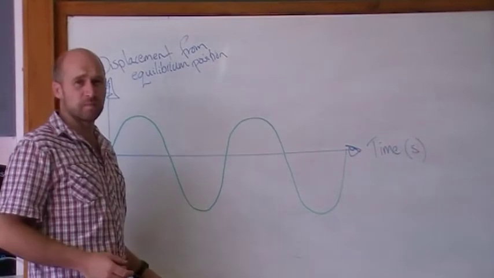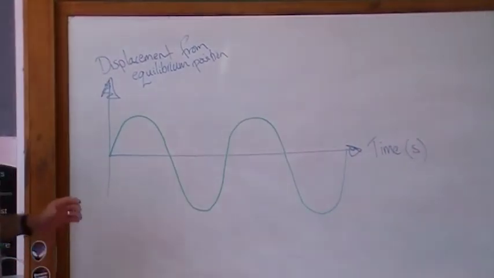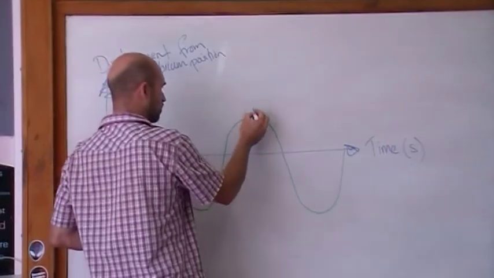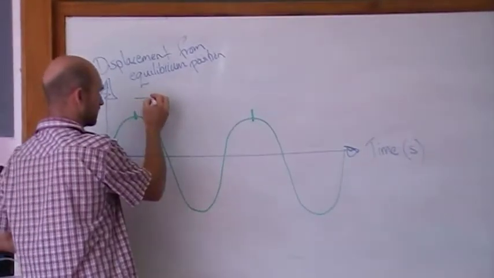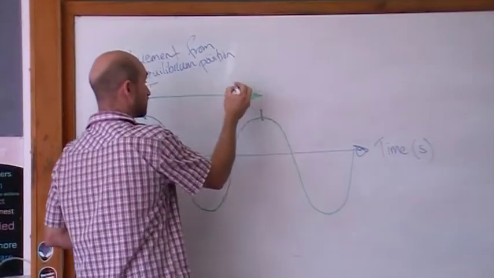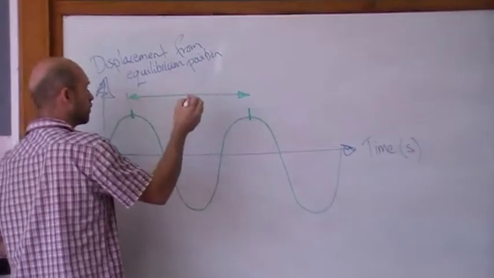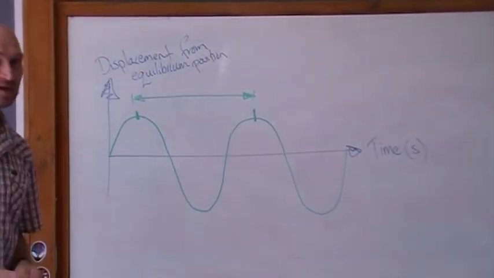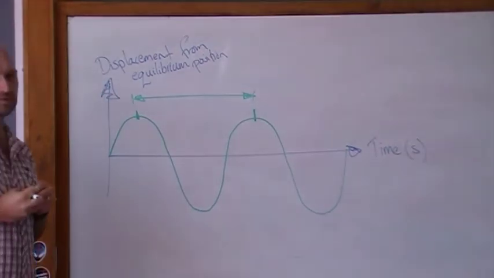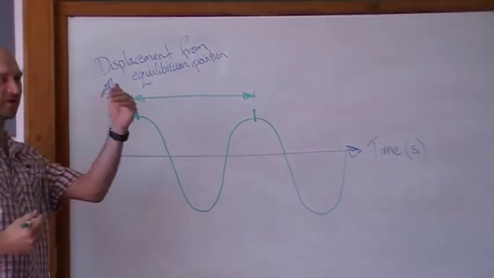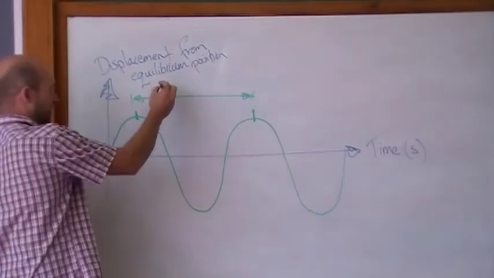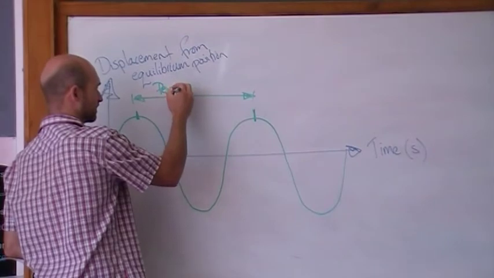And so most of our markings on this graph are the same, but what are we going to be measuring now if we measure from one crest to the next crest? Time. The word we use for this when we're talking about anything that's repeating, because waves are a repeated thing going over and over again, is period.